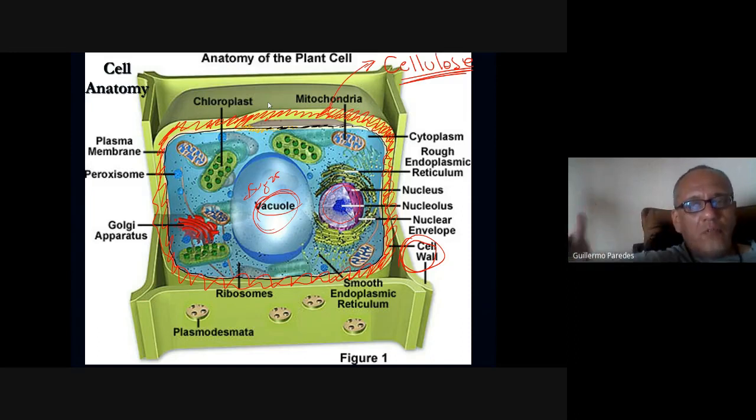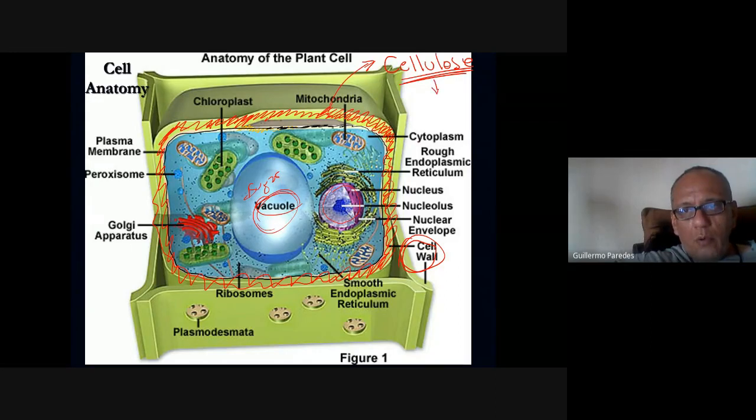Why is it important to know about cellulose in the cell? Because cellulose, never forget that, is a polysaccharide, similar to starch, similar to glycogen. Glycogen is a polysaccharide too, right? Cellulose, amylopectin, etc.